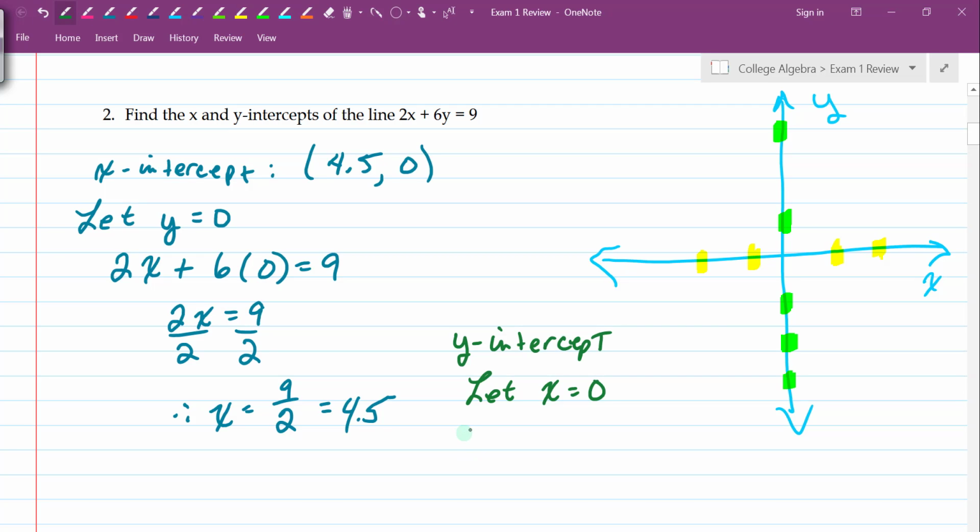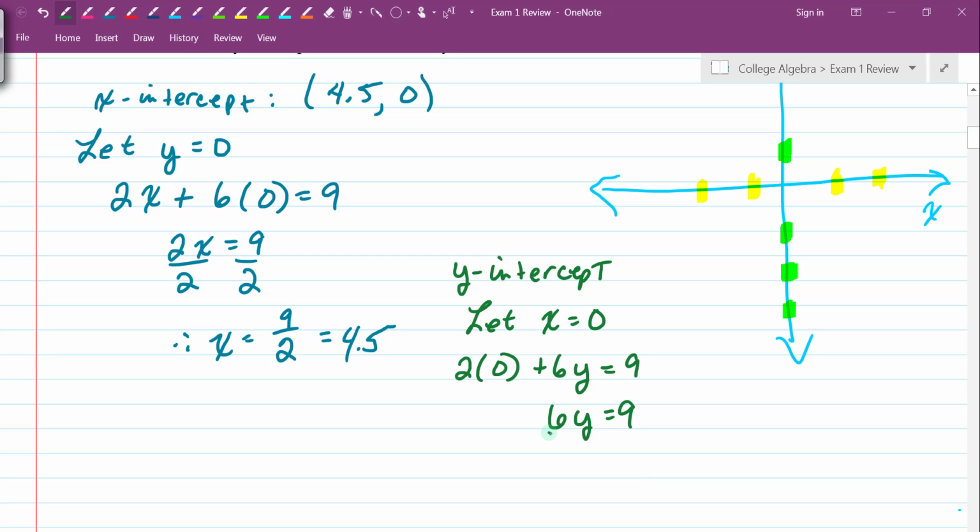There we go. Okay, so we're going to have 2 multiplied by 0 plus 6y is equal to 9. Now what we're going to do is solve for y. So we end up with 6y is equal to 9. We're going to divide both sides through by 6, and we get therefore y is equal to 9/6. Now that is not simplified.